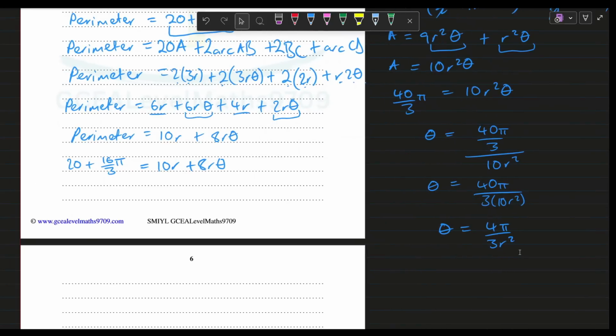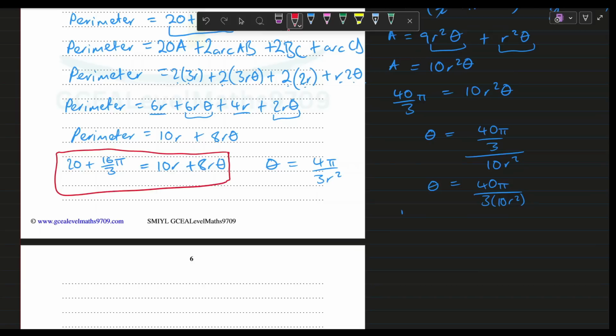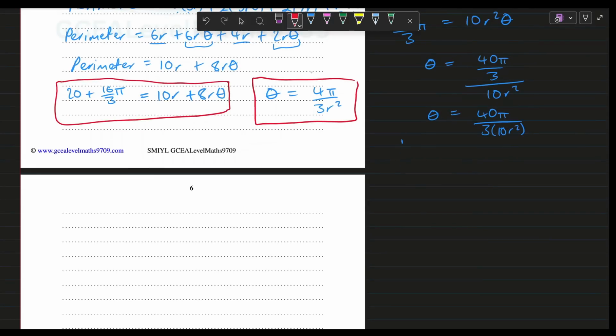Alright, so now notice how we've got these two equations in terms of r and theta. We've got this first equation that we got from our perimeter, and then we have this second equation that we got from our area. So we can solve these two equations simultaneously to find both our theta and our r. We've already made theta the subject of the formula in this second equation, so we can just replace this theta here with 4 pi over 3r squared.